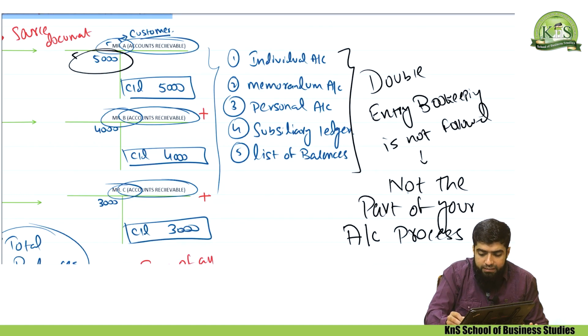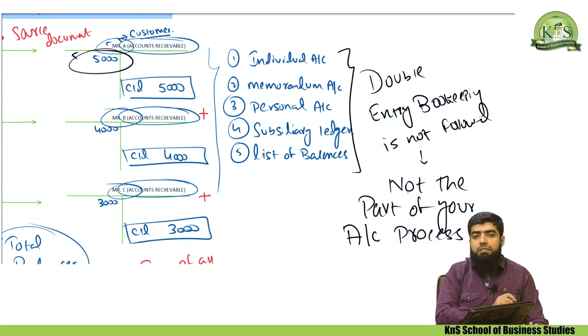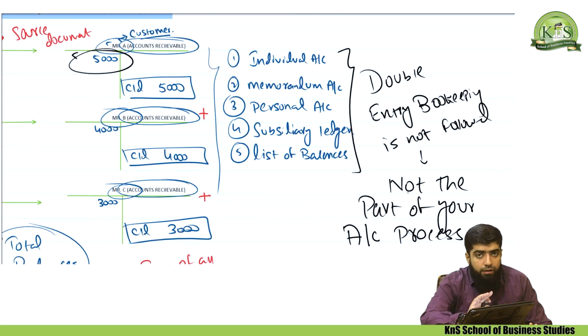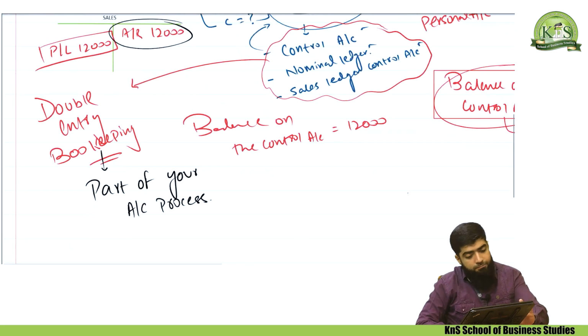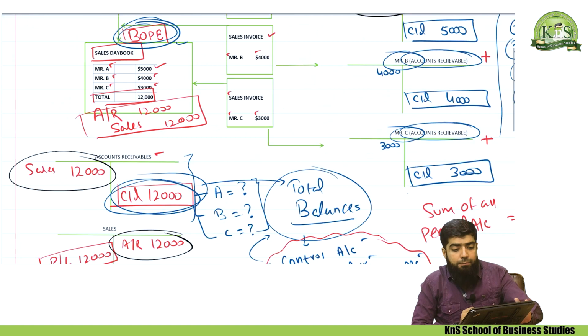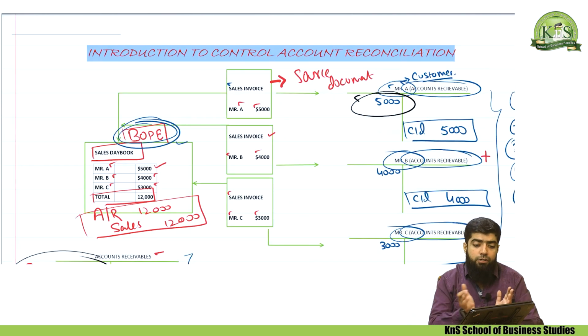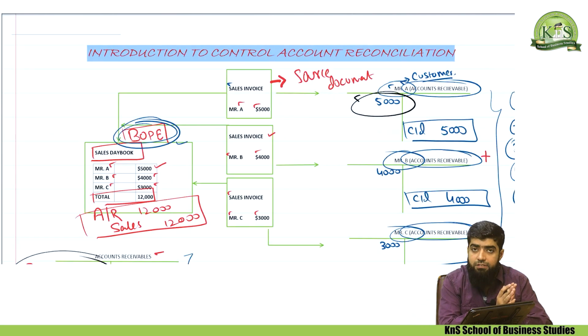So remember, always remember, the memorandum account or the subsidiary ledger is not part of your accounting process. However, the control account is part of your accounting process, because of which it follows the double entry bookkeeping. So that was the overall introduction to control account reconciliation, why it is performed and what it is.